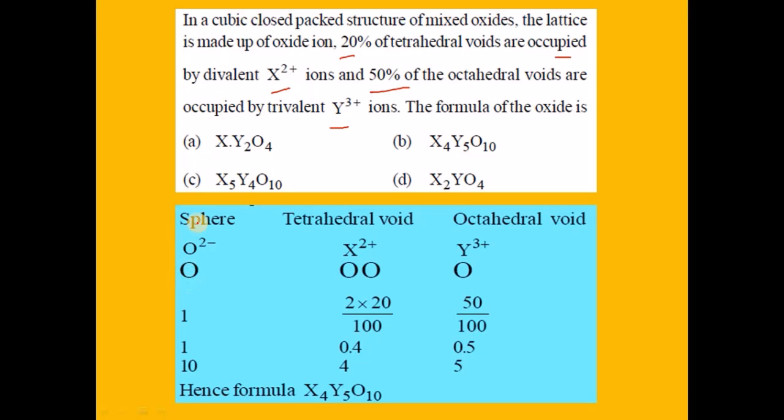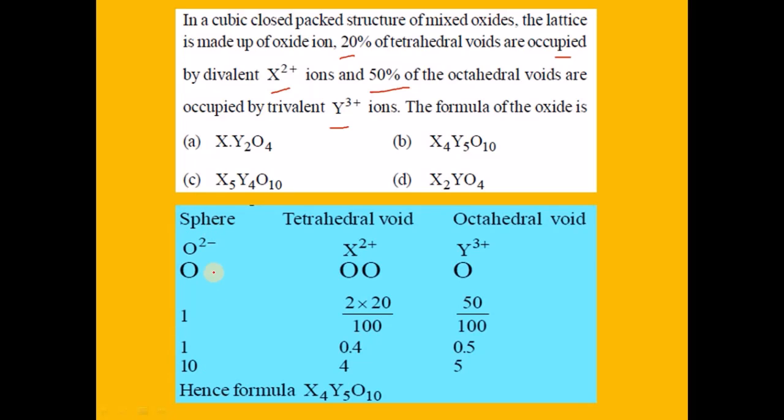Observe here, how many spheres are there? For one sphere, tetrahedral voids are 2 and octahedral void is 1, because tetrahedral voids are twice the octahedral voids. Now take 1 sphere: the tetrahedral void number is 2, with 20%, that is 2 into 20 by 100, and the octahedral void percentage given is 50%, so 1 into 50 by 100.